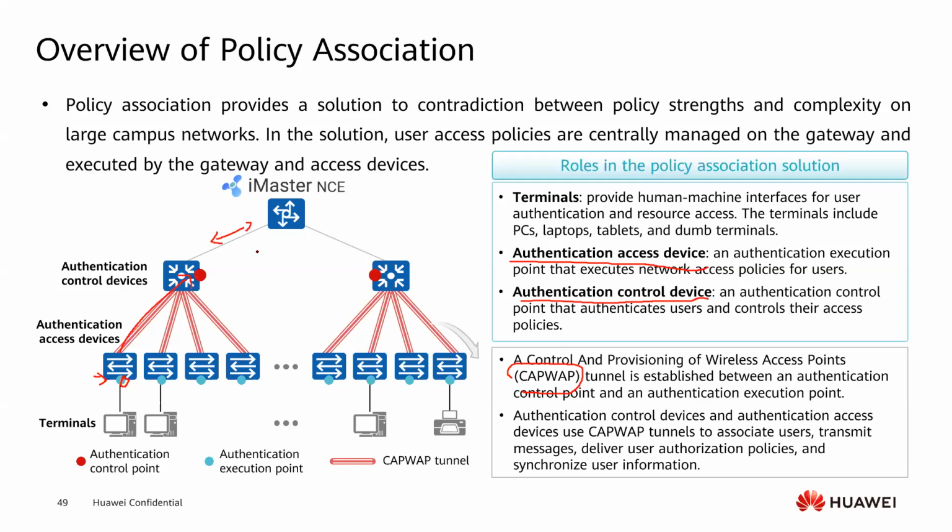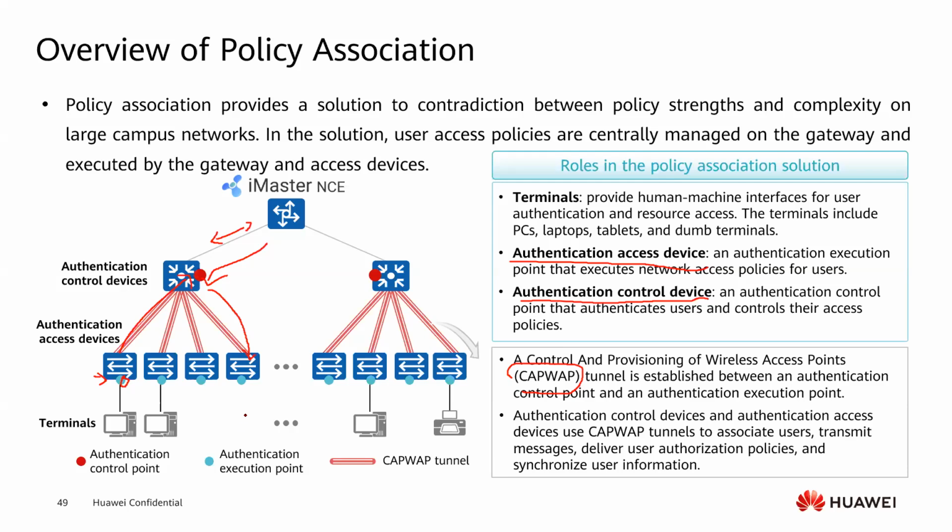When the user is successfully authenticated, the RADIUS server will send the authorization information to the control device, and the control device will directly send it to the access device.